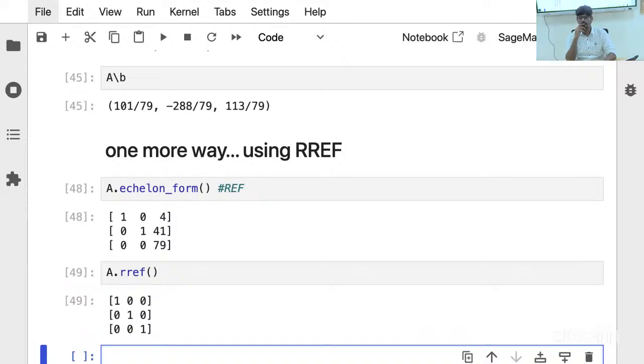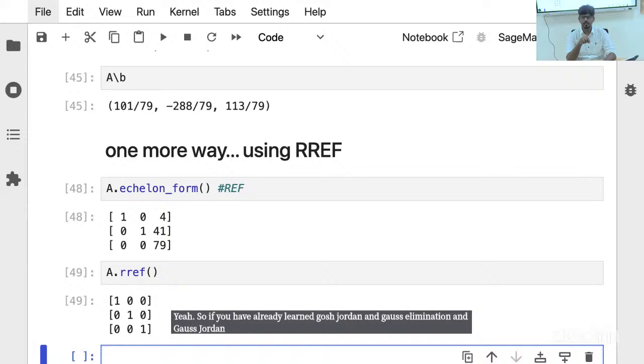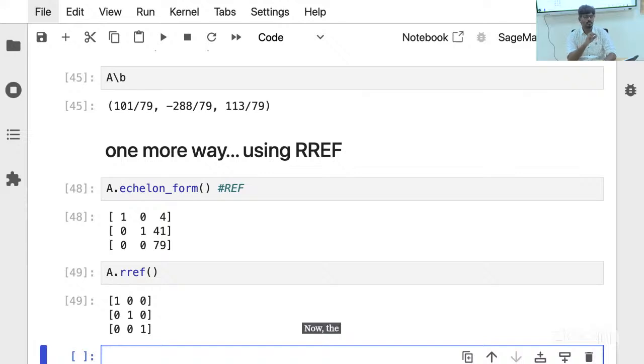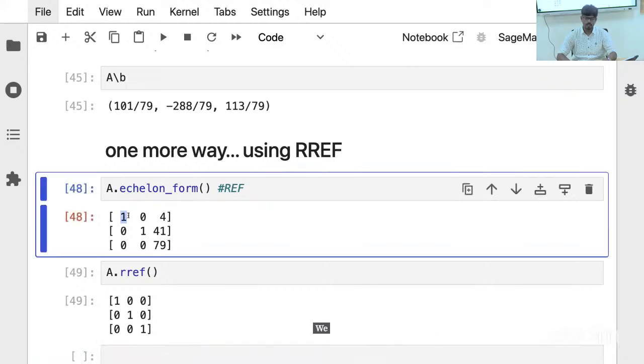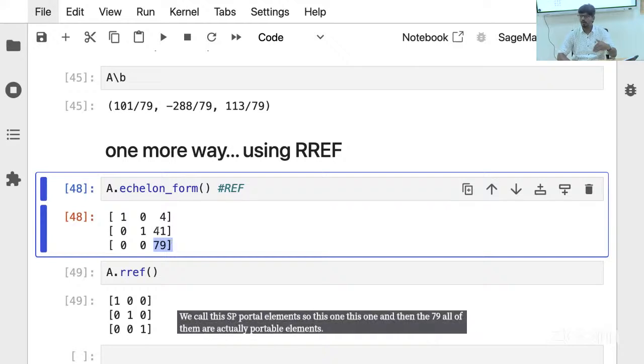Yeah. So if you have already learned the Gauss elimination and Gauss-Jordan elimination methods, the Gauss elimination method uses row echelon form, and Gauss-Jordan elimination uses row reduced echelon form. Correct. So the difference between them is simply that we call these pivotal elements. So this one, and then this 79, all of them are pivotal elements.